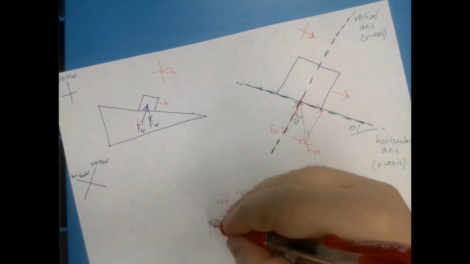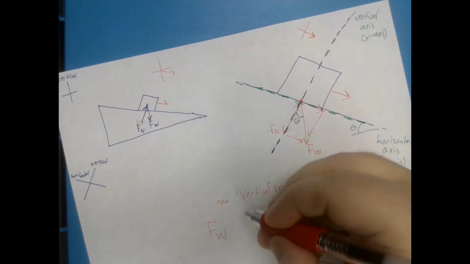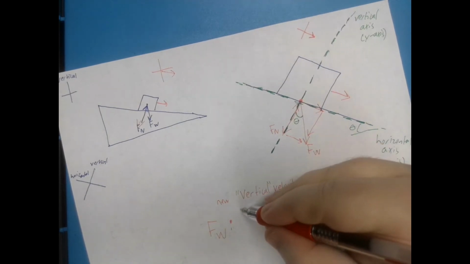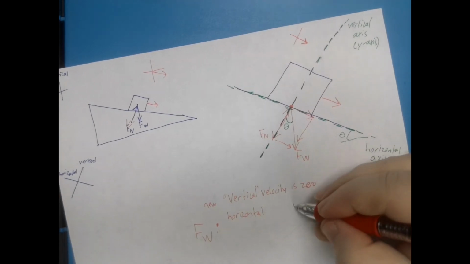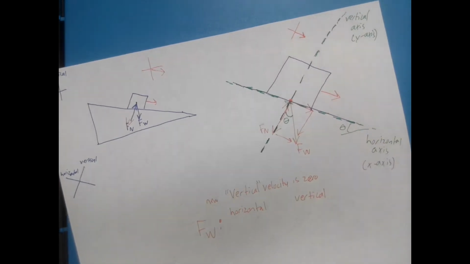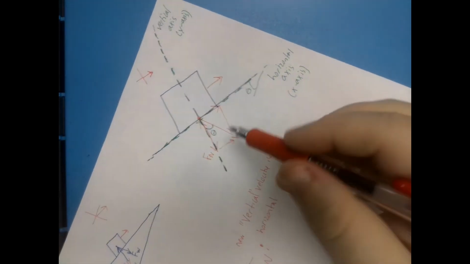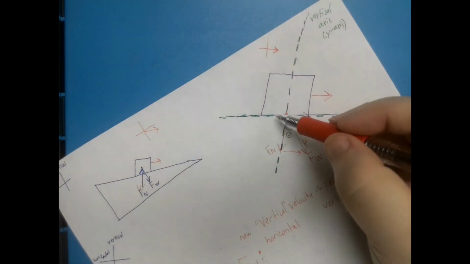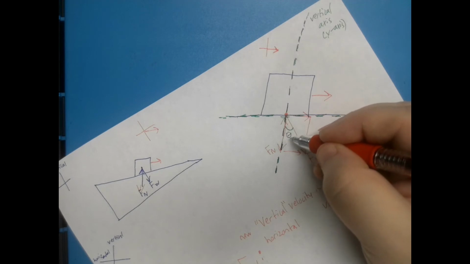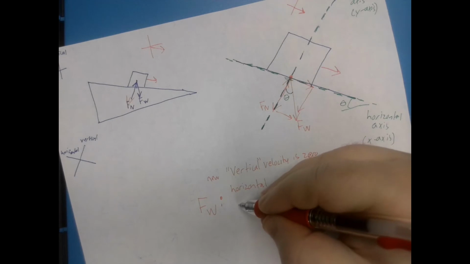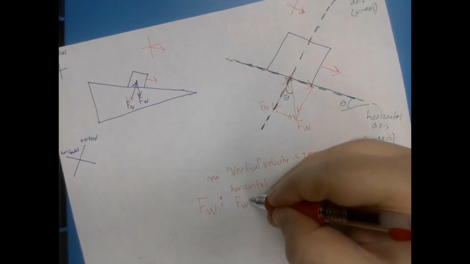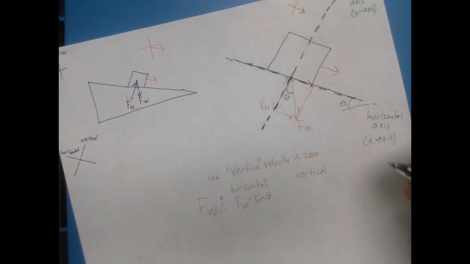So Fw can be broken down into a horizontal component and a vertical component. The horizontal component is going to be opposite of theta. So that would be Fw times sine of theta.